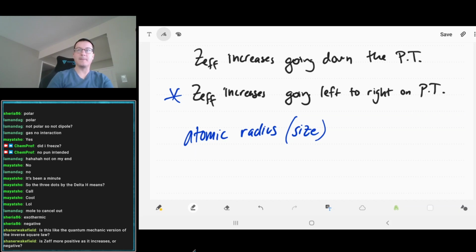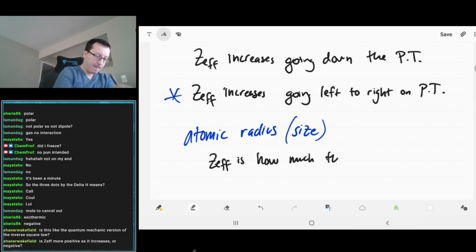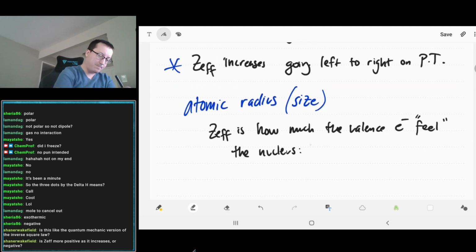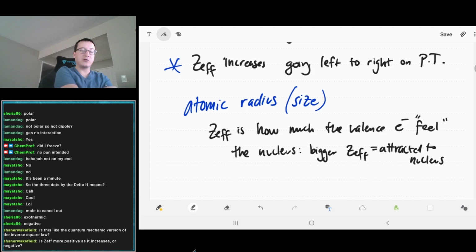So remember that Z effective, effective nuclear charge, is basically a measure of how much the valence electrons feel the nucleus. And so that means that the bigger that is, the electrons are going to be attracted to the nucleus more.